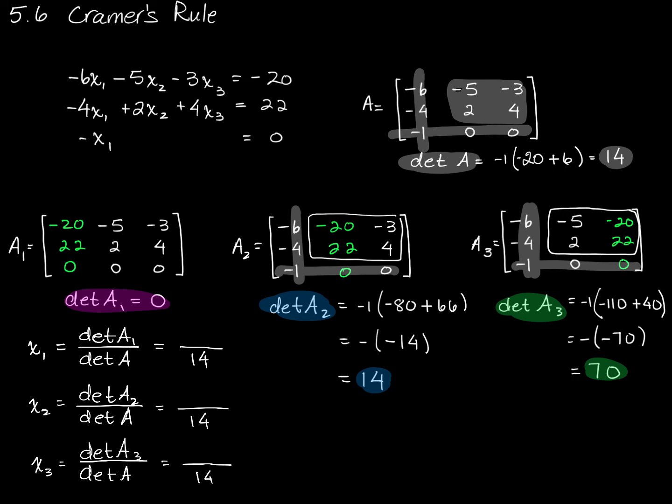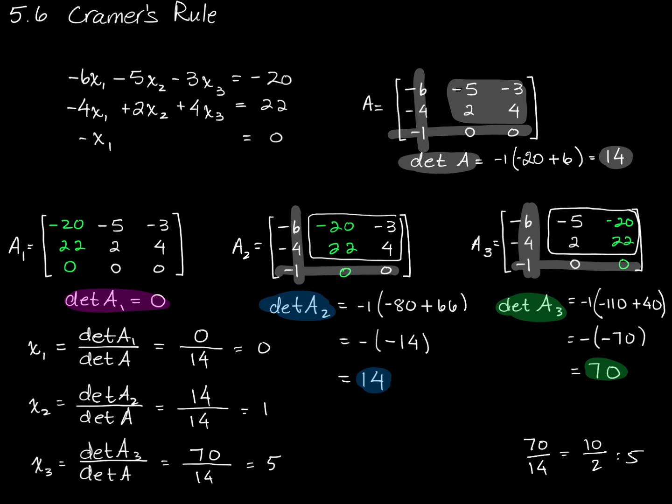And then for A1 we have 0, for A2 we have 14, and for A3 we have 70. That gives me 0, 1, and 70 over 14. 7 goes into both of those. I have 10 over 2, that's 5. So my third value here is 5.